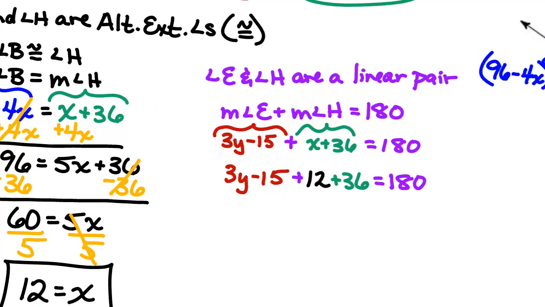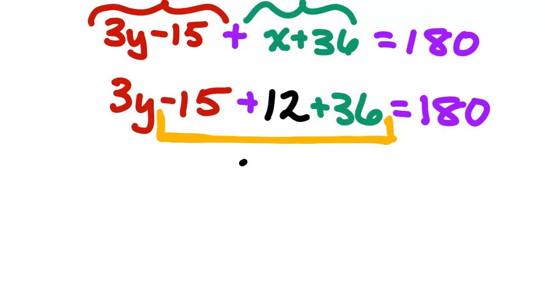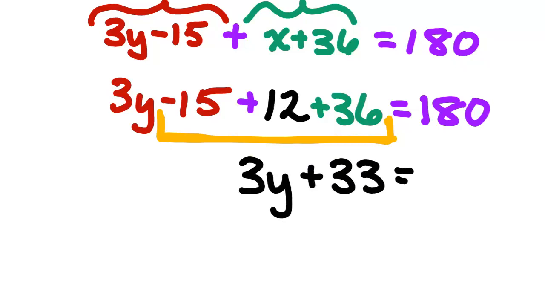Are there any like terms that I need to combine together? 12, 36, and negative 15. What do we get when we combine all those together? 33. 3y plus 33 equals 180.